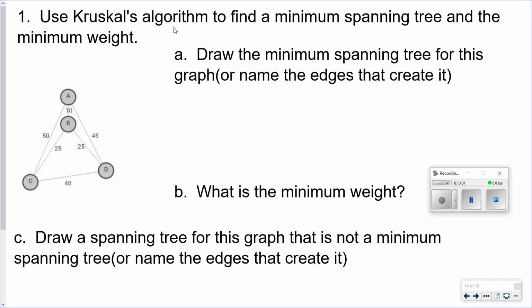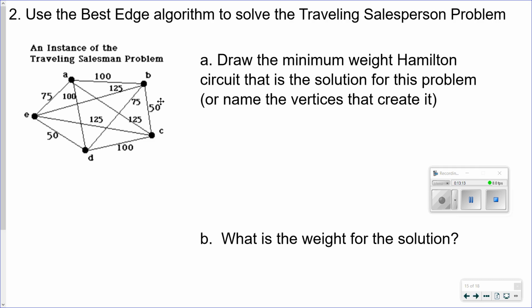The first one is using Kruskal's algorithm to find a minimum spanning tree and the minimum weight. You'll find 3 questions in Schoology for that one. The second is to use the best edge algorithm to solve the traveling salesperson problem. Here's your graph. There's 2 questions related to that graph.